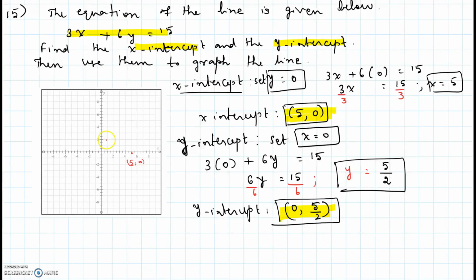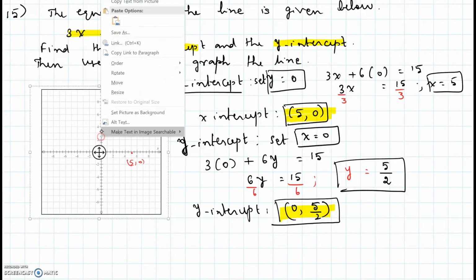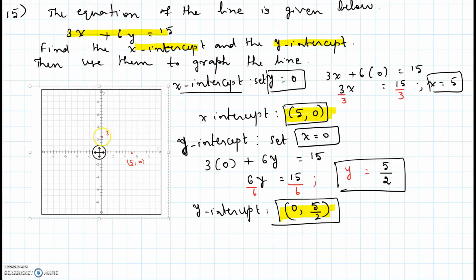So we have to consider this is 2 and this is 3. So somewhere between them, that is 5 halves. So this point here is (0, 5 halves).